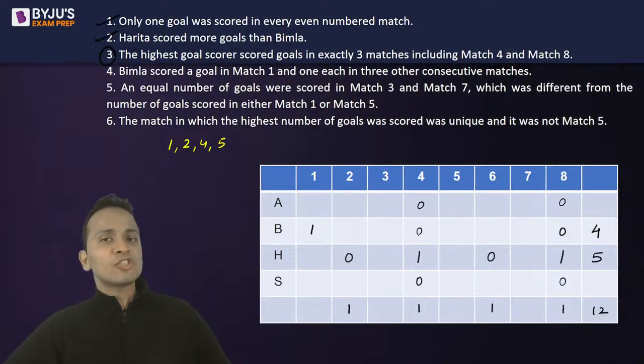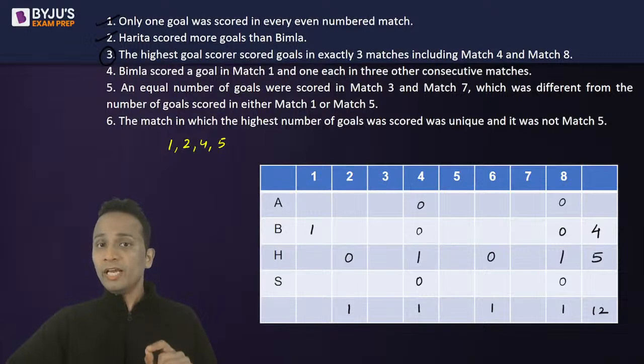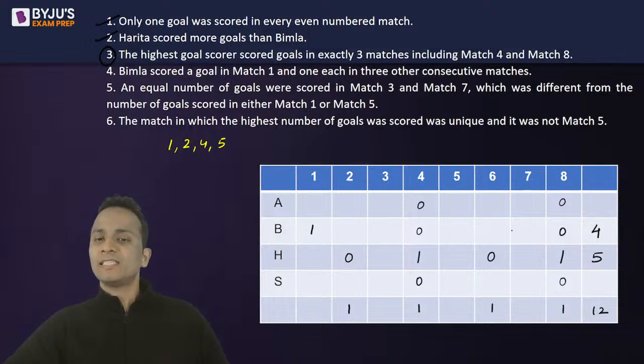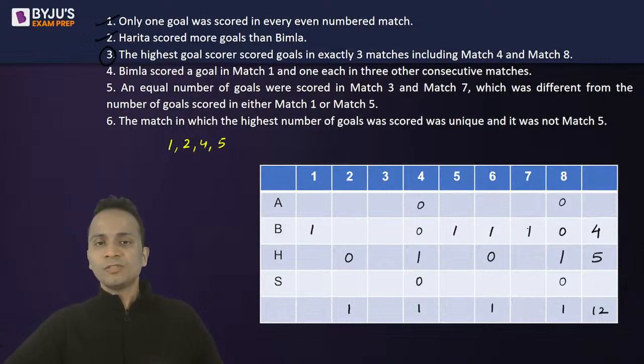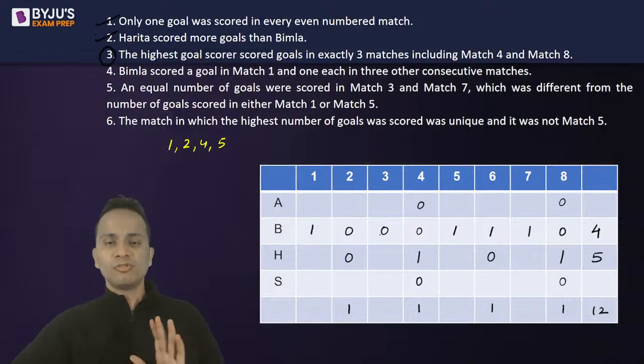So if Bimla has scored 1 goal in 3 consecutive matches, it can be only match number 5, 6 and 7. So in match number 5, 6 and 7, Bimla will score 1 goal each. Now Bimla's 4 goals are complete, so Bimla will score 0 and 0 in match number 2 and match number 3.